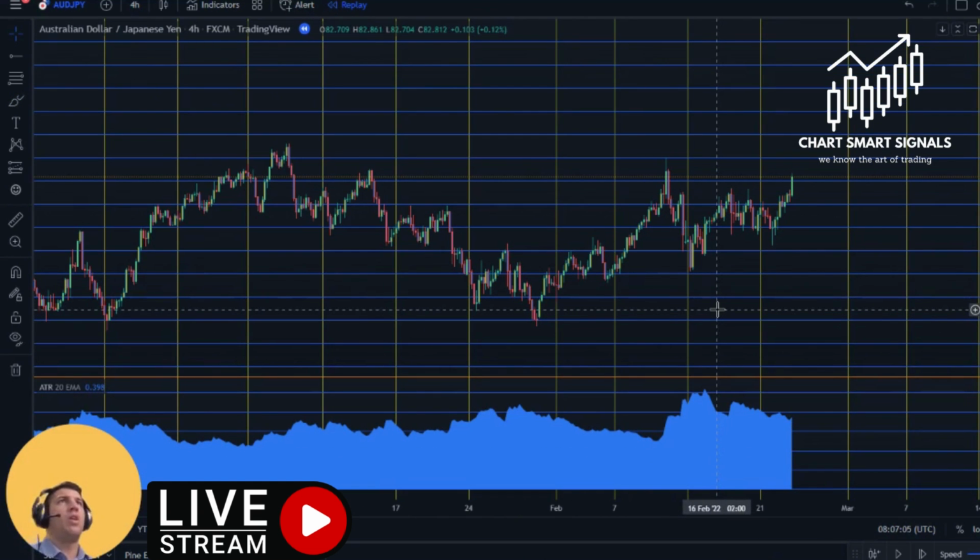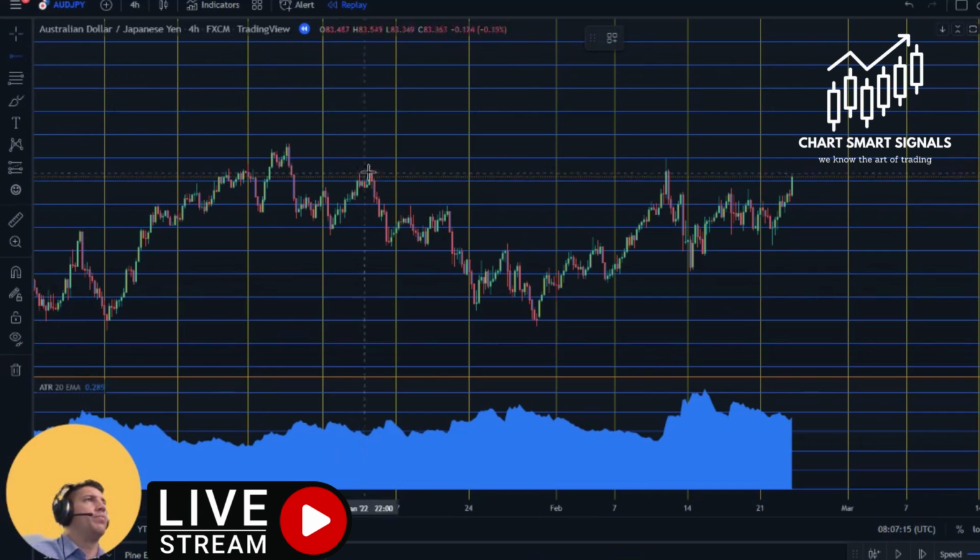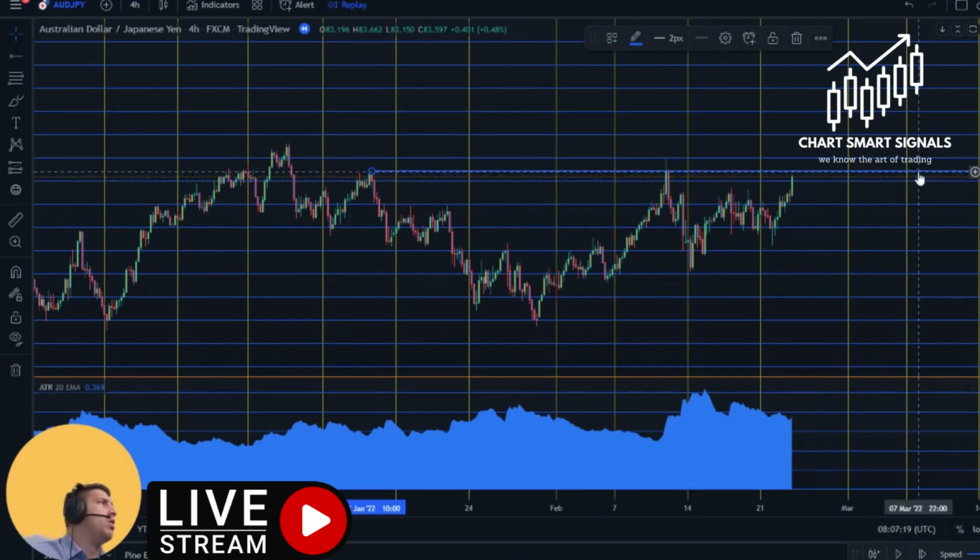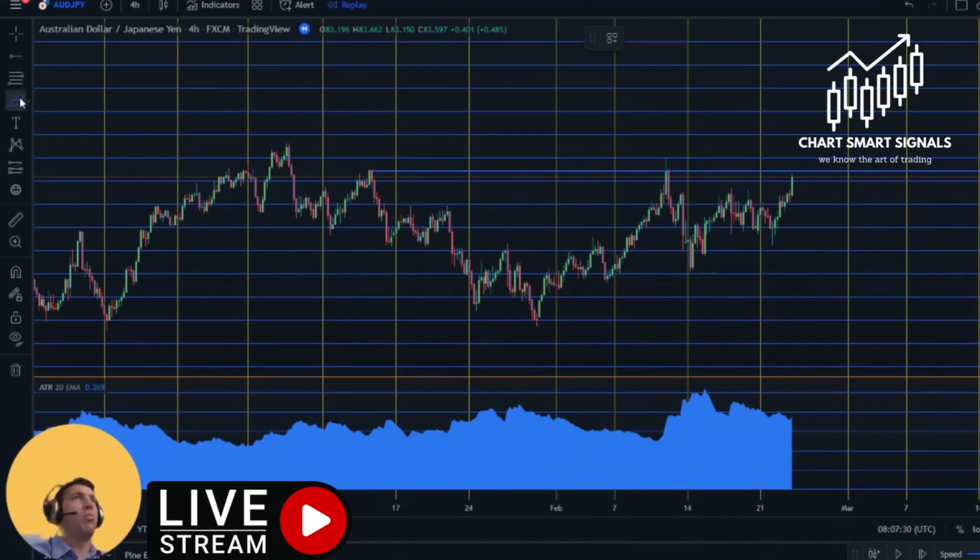Okay guys, we're on the Australian dollar and Japanese yen, and we're on the 4-hour chart. I want to show you something, so we're going to draw a nice horizontal resistance line. Alright, now we're going to check if our rules apply. So we've got 1 touch here, we see a downward movement in price.